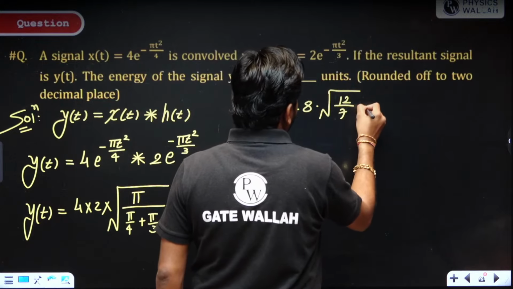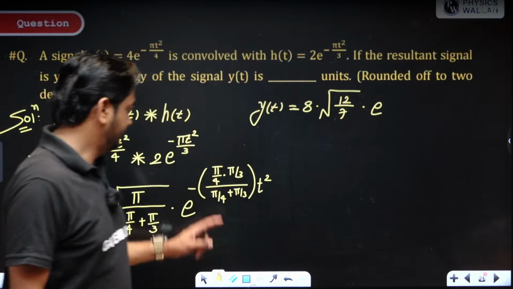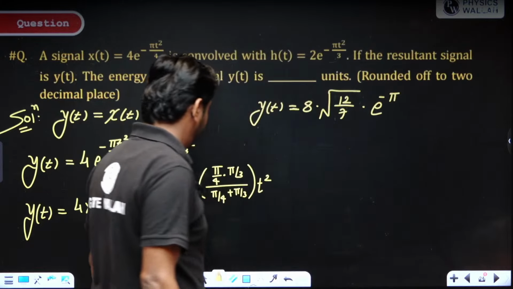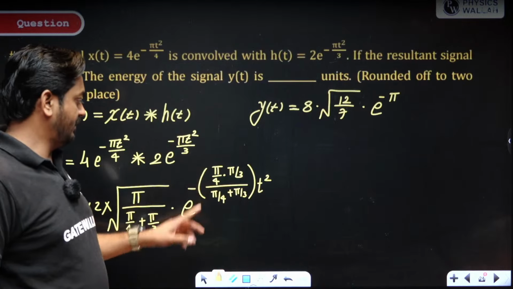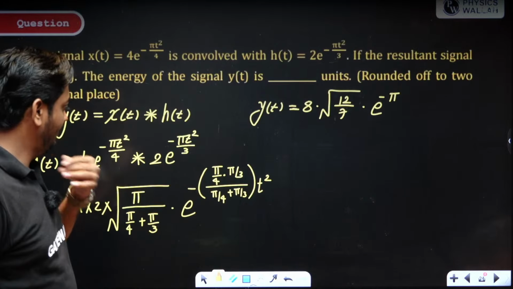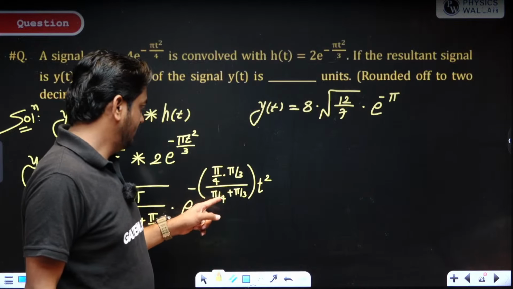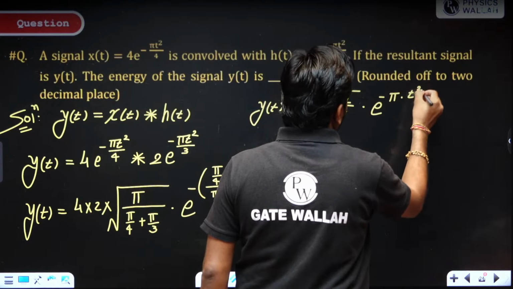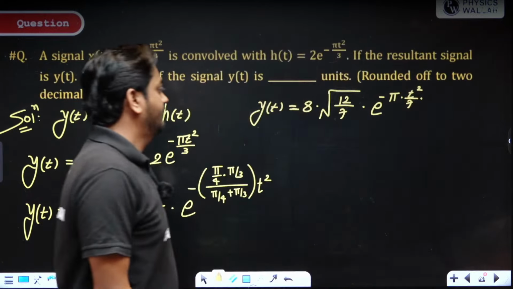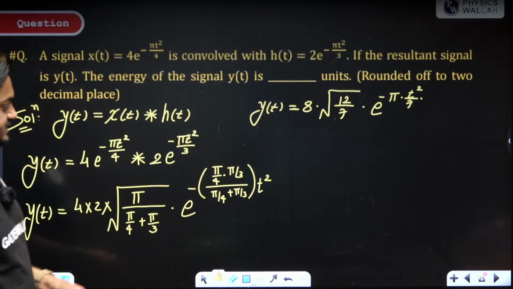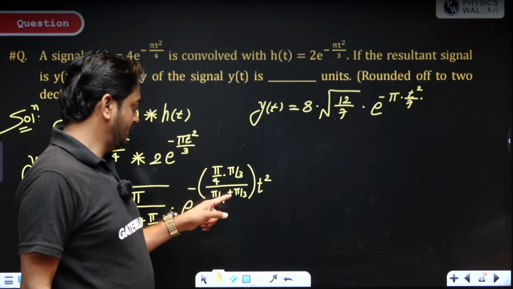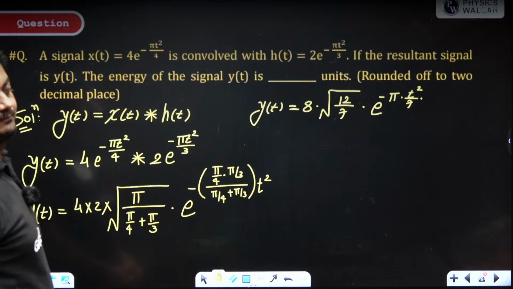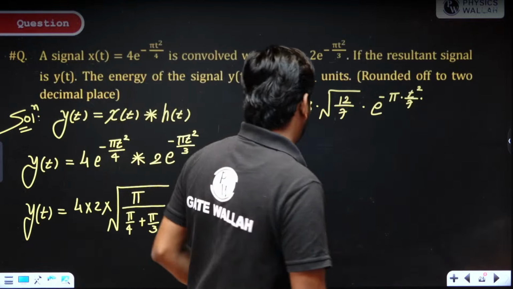So 12 divided by 7 into e to the power minus pi, and you can take 1 pi common, so pi gets cancelled. So this is 1 by 12, this is 7 by 12, 12 gets cancelled, so 1 by 7, into t square, so pi by 7 into t square. Please check once: so e to the power minus pi t square by 7. Correct.